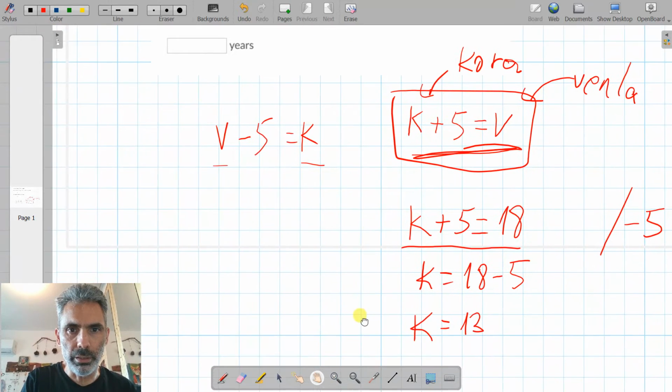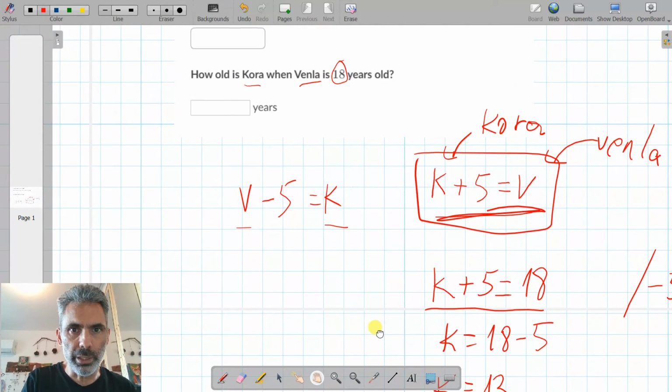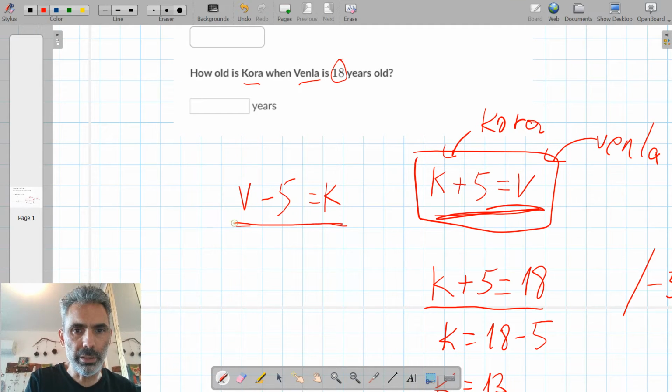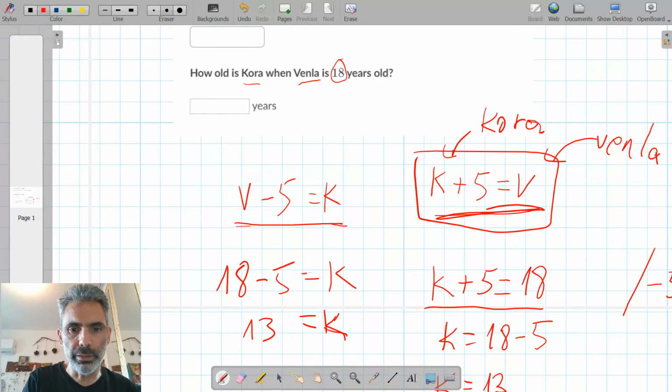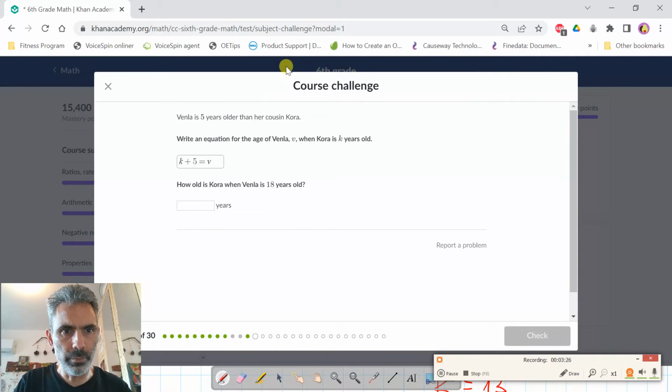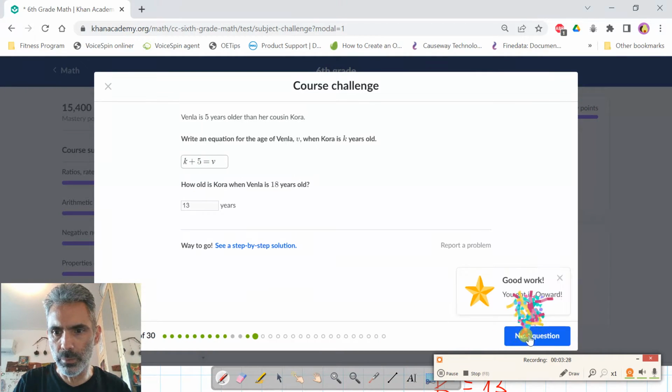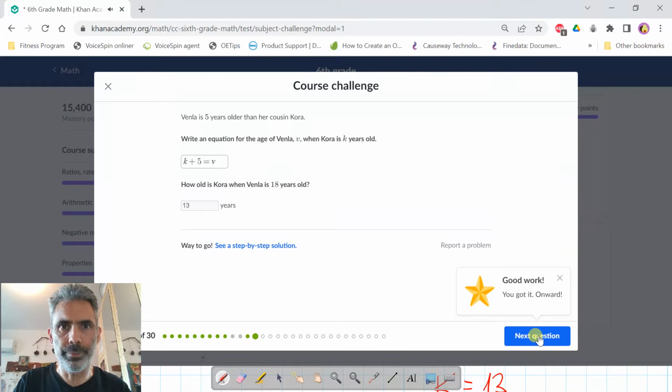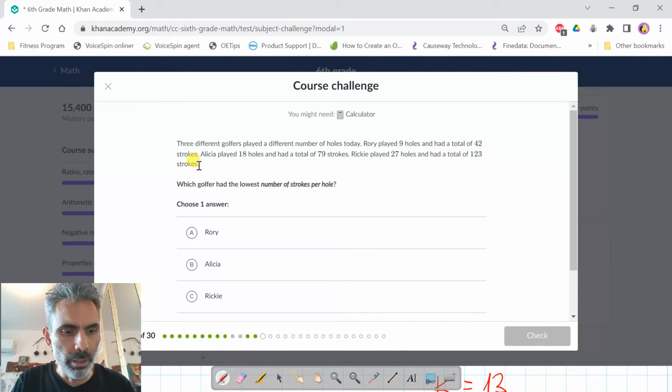Okay, and if I plug in the same number 18 in this equation, I get 18 minus 5 equals K, or 13 equals K. So either way, K is 13. Cora's age is 13 years. Good. Next question.